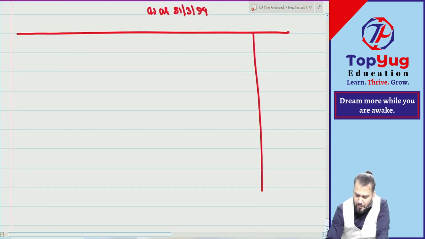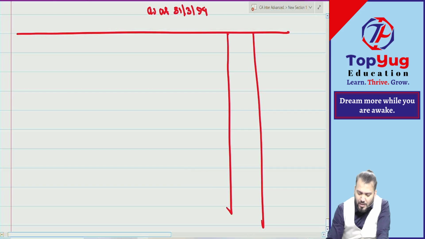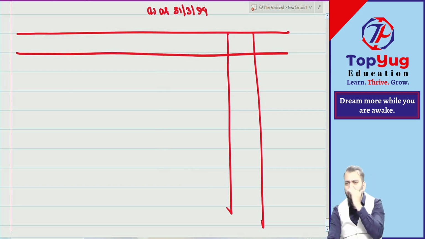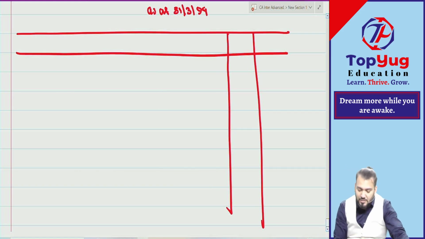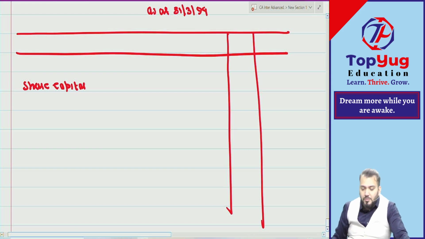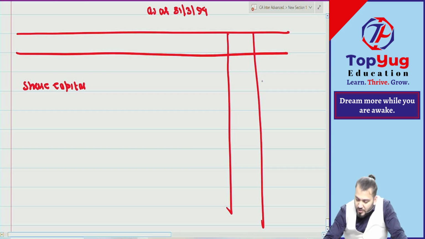Now I am doing it without format, only adding the headings. Chalega? In the exam, of course, you will do it with format only. Let us start with what? Share capital. Can you give me the amount of share capital? 31340 plus 31340. How much? 62,680.